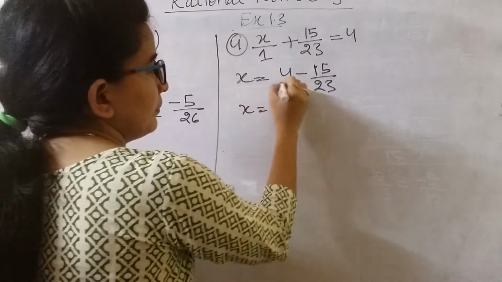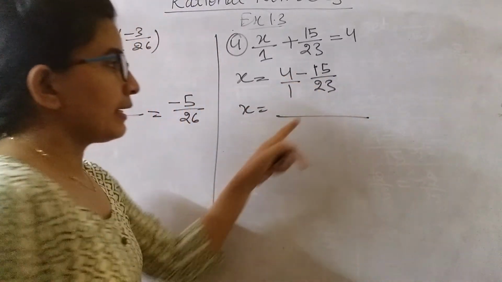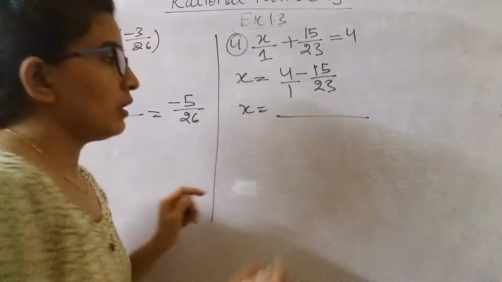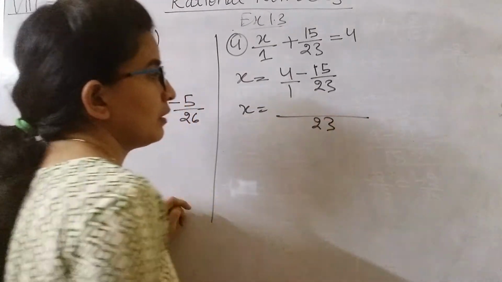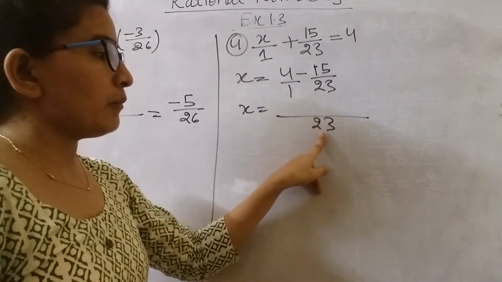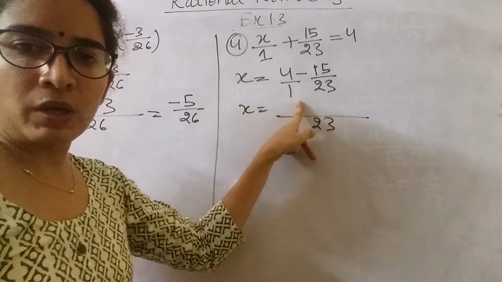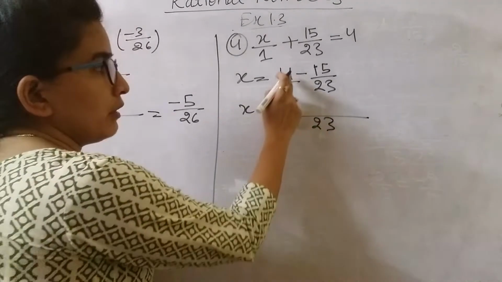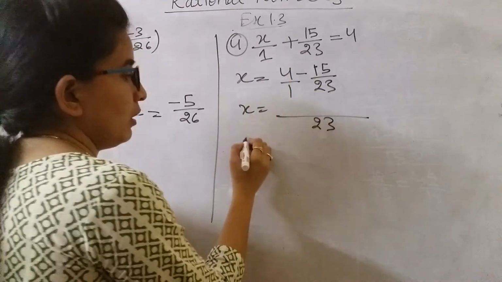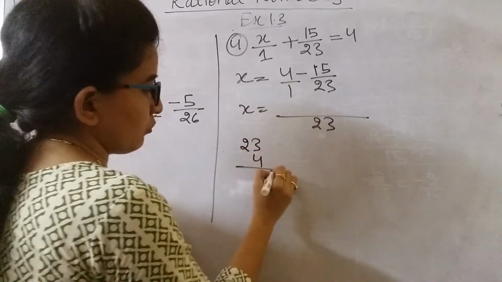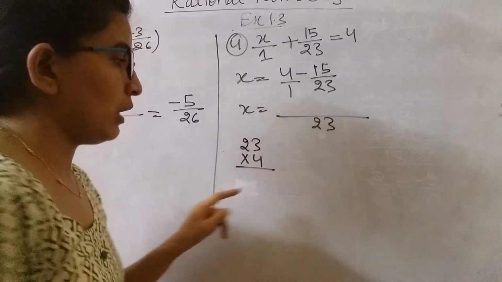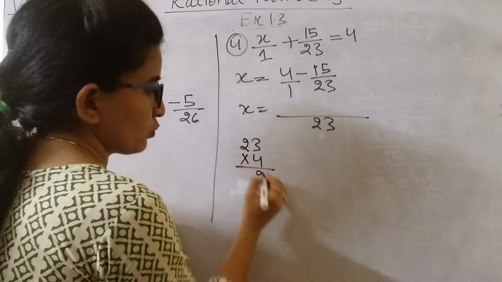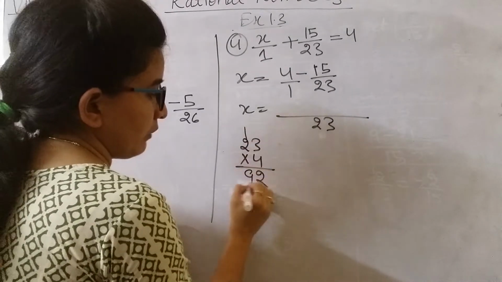So x will be, we will take LCM of 23 and 1, that will be 23, and 23 will be divided by 1, we will get 23, and it will multiply with 4, that is 4 3s are 12, 2, 4 2s are 8, and 1 is 9.